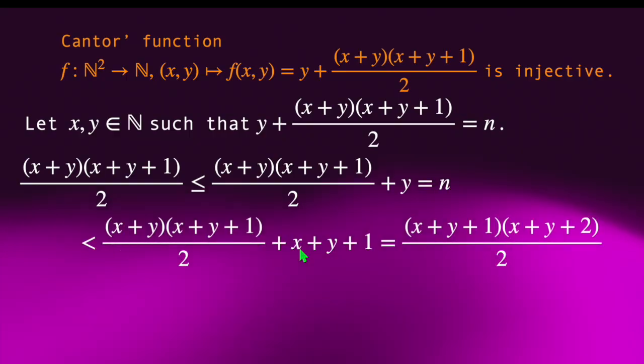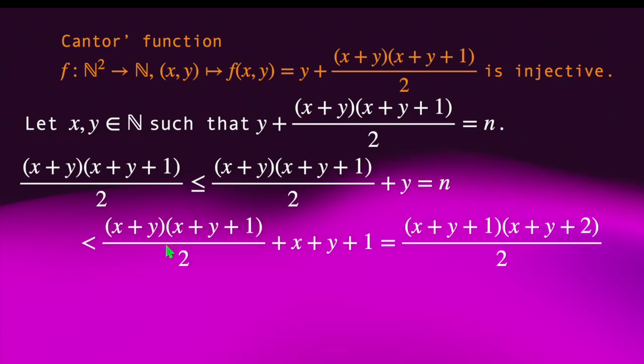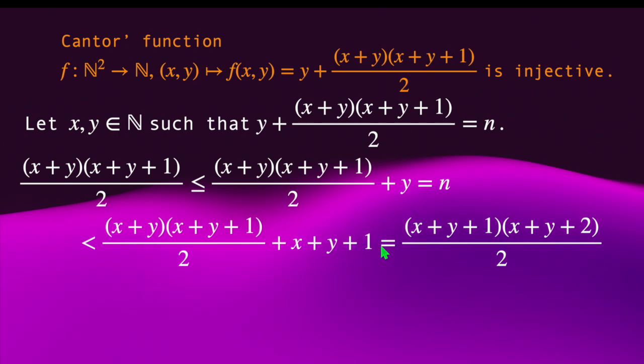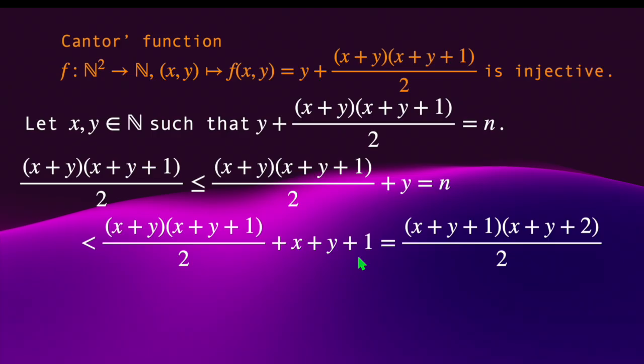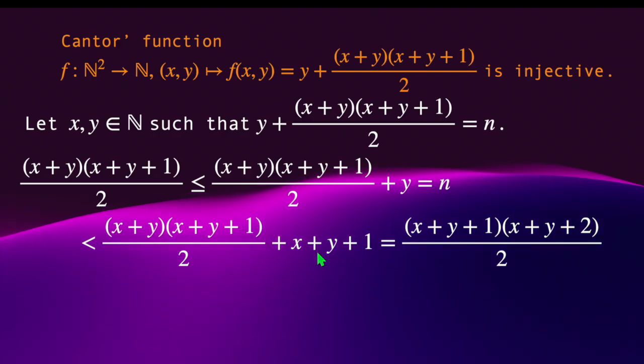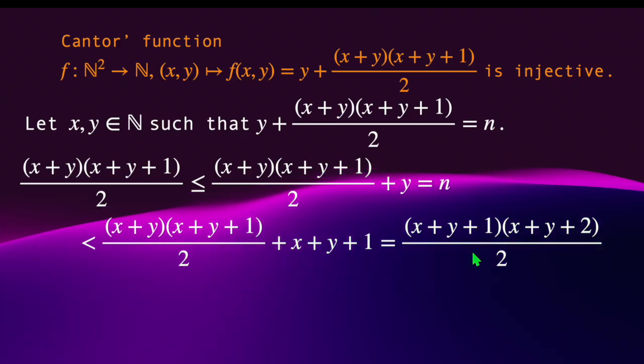Now this is also less or equal to, we can add x plus 1, and we get a strict inequality here. And if you compute this quantity, you get this one.